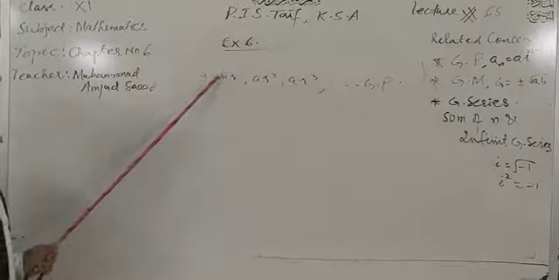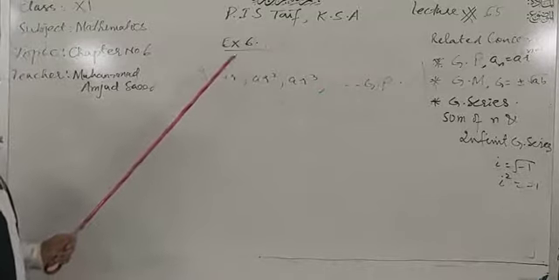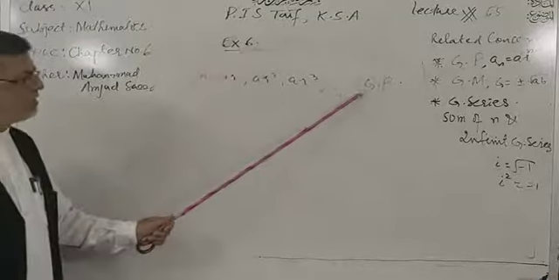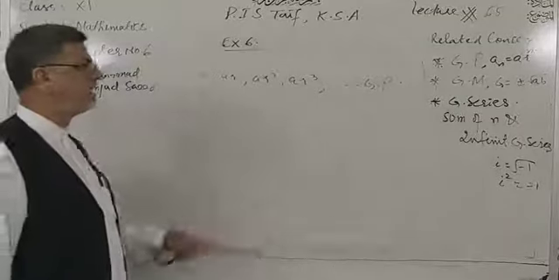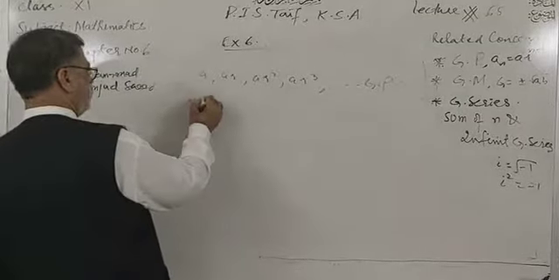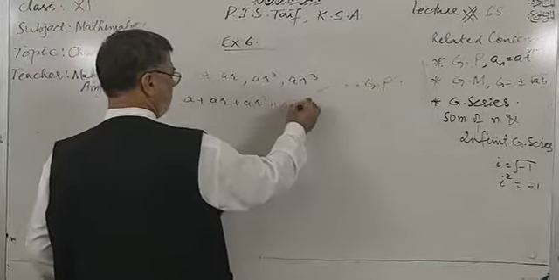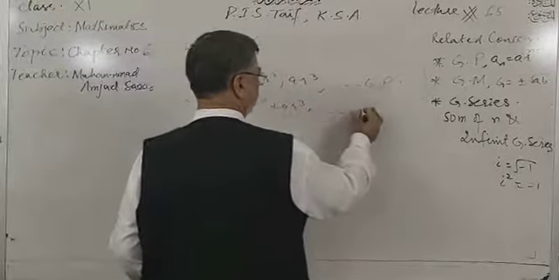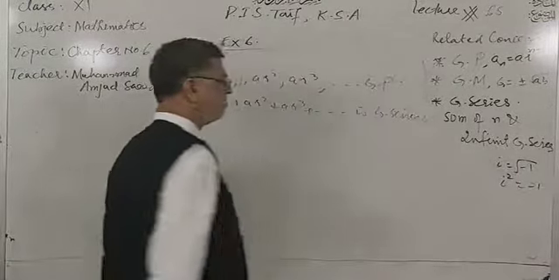The sum of terms of a geometric progression is known as geometric series. A plus AR plus AR square plus AR cube plus so on is a geometric series.